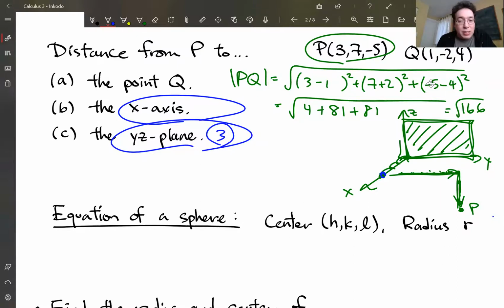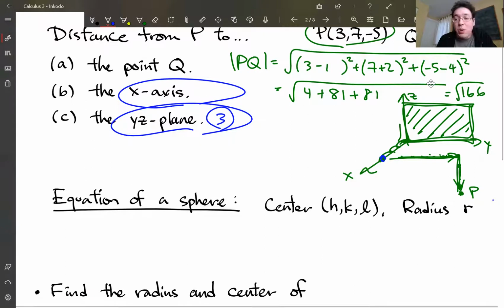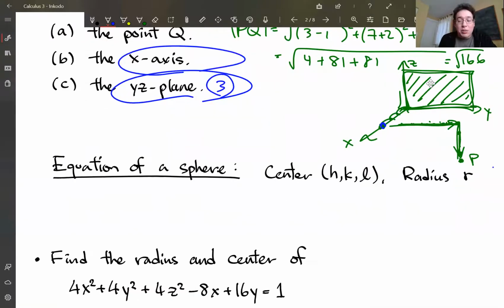Okay. So let's move on. One useful equation to have is the equation of a sphere, and it's kind of analogous to the equation of a circle in 2 dimensions. So remember, in 2D geometry, the equation of a circle looked like this.